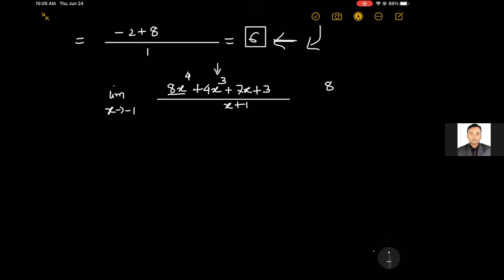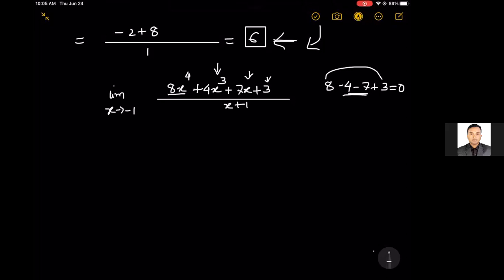This x cubed will give us a -1, so this will become -4. This x gives us a -1, so this will be -7. And obviously we have a +3 here. So overall it's -11 plus 11, which is 0. We have a 0 in the numerator.